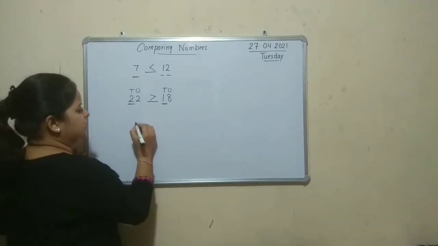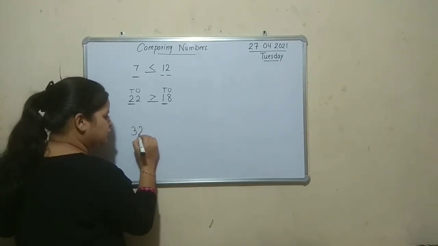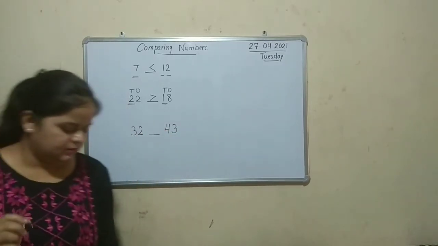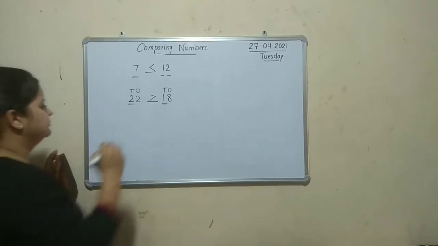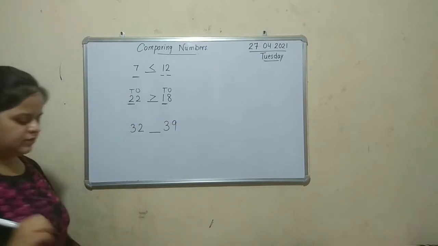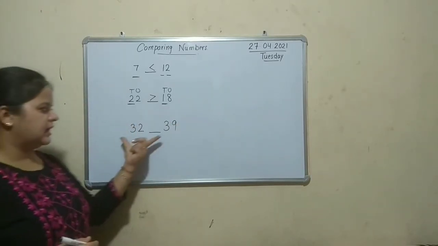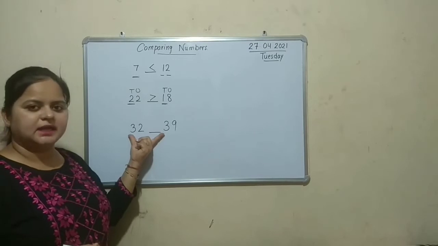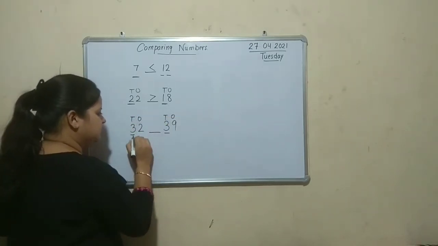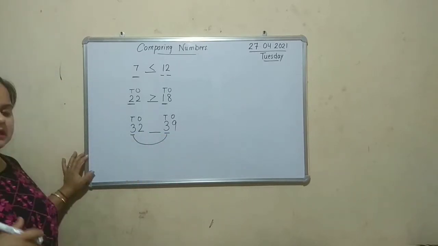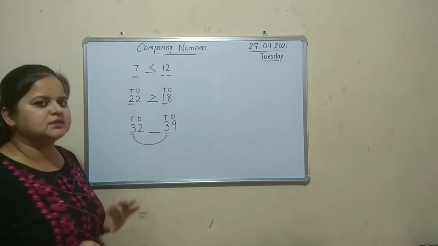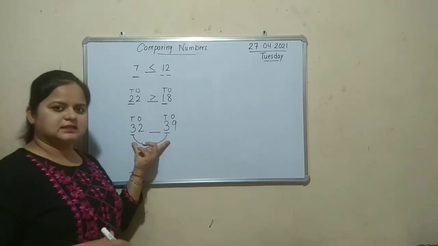And one more thing, if we have again two numbers for comparison, 32 and 39. The digit which is placed on tens place, these both are same. So how we will do the comparison now? The both numbers that are placed on tens place, both are same.